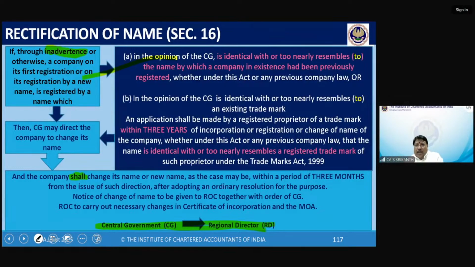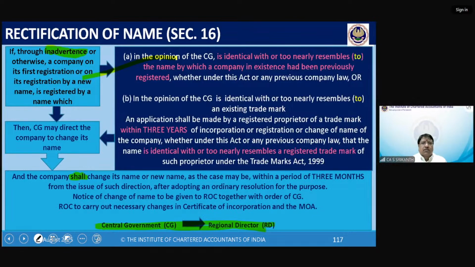In the English language, the way I learned it, that 'too' is wrong. 'Resembles too' is wrong English, but it is there in the section. Bad grammar, but it is there in the section. I am therefore not responsible for it, but I am giving it there. The correct English is 'identical with or closely resembles the name by which a company'. The 'too' is there in the section. If you want to write it, you write it.